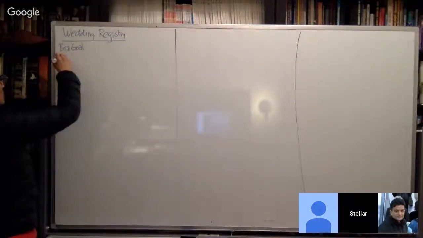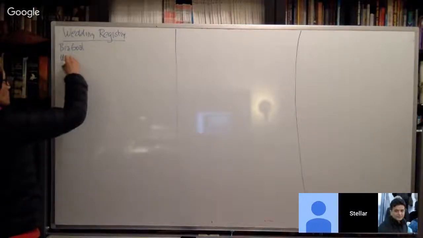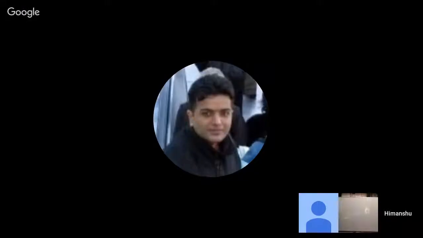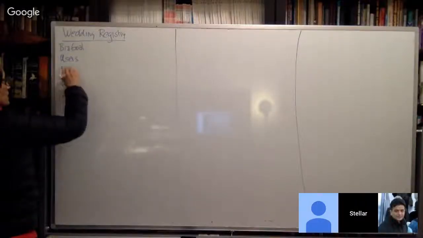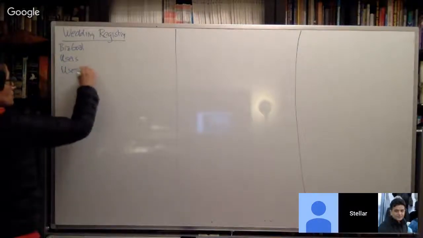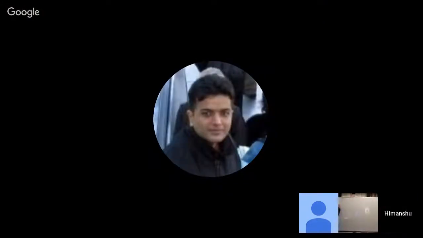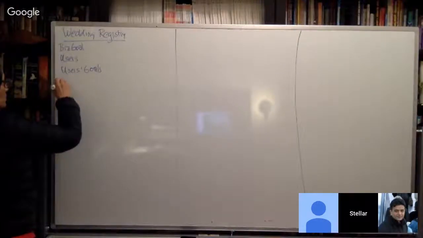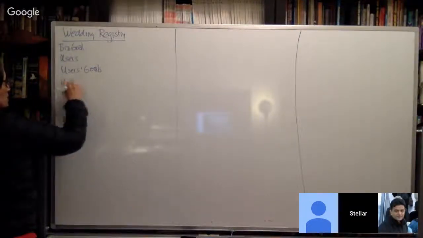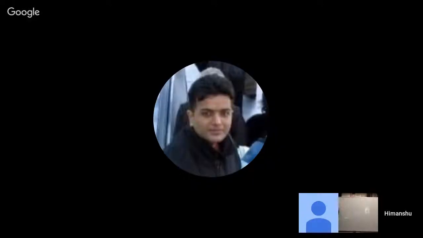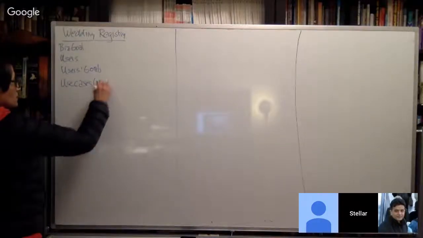The next one is, who are the users? After that, let's be very explicit about the user's goals. Then let's brainstorm about use cases. That will tell us their needs.